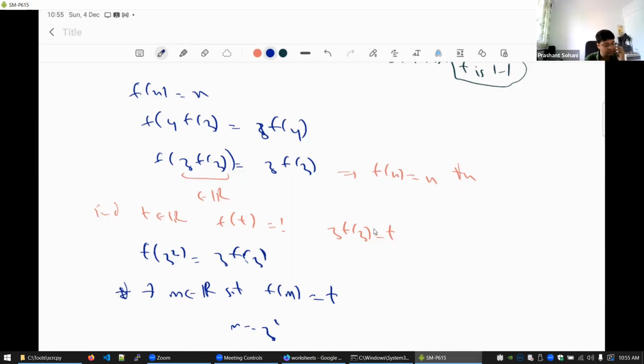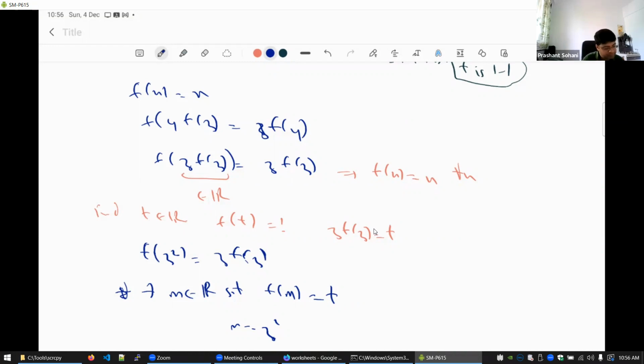I also assumed f of m equal to f of minus m. Okay, so then there is a difficulty here.